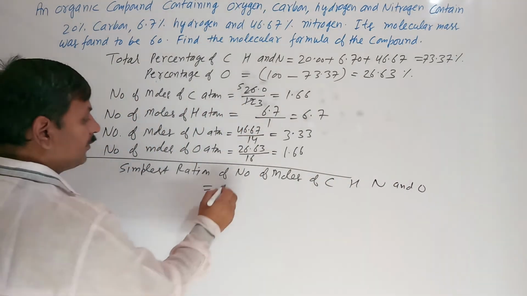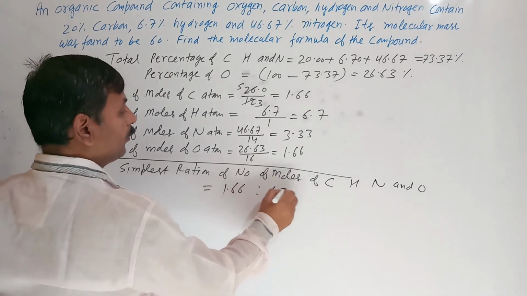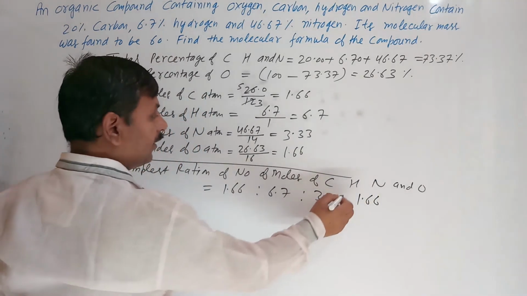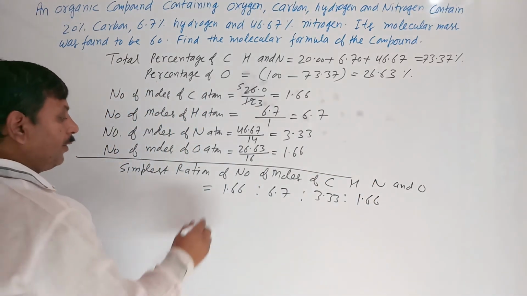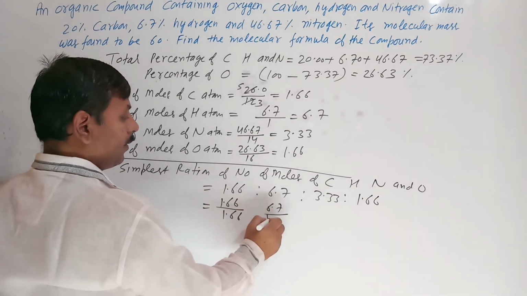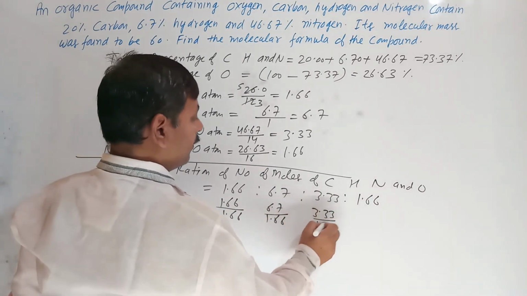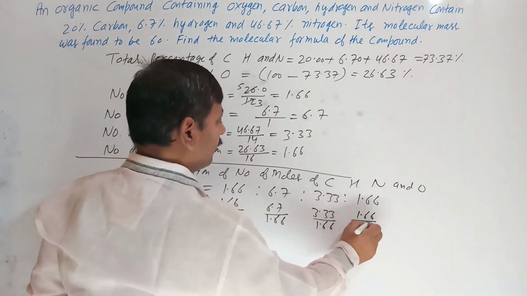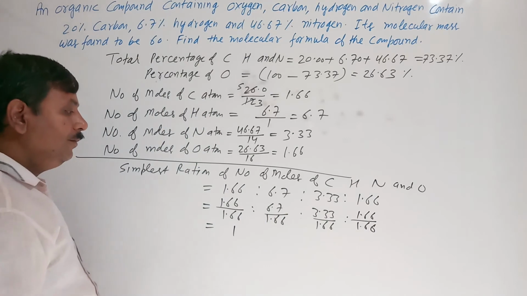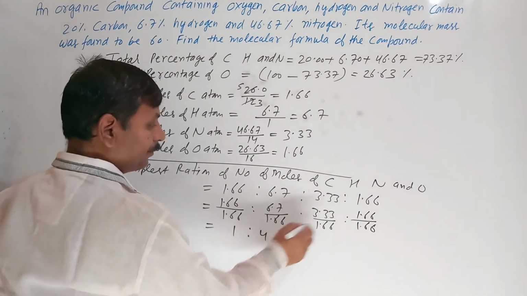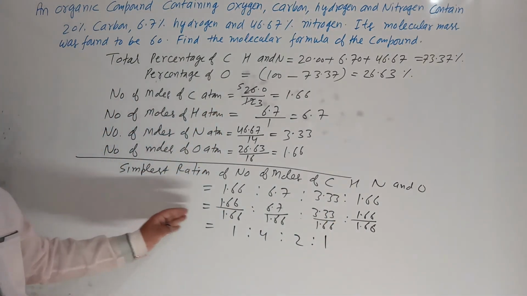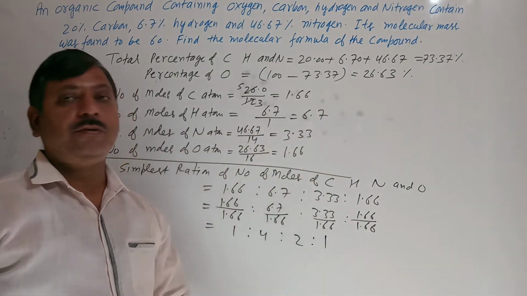That is 1.66, 6.7, 3.33, 1.66, divided by 1.66. We can see this comes 1, around 4, 2, 1. So this will be the simplest ratio of carbon, hydrogen, nitrogen and oxygen.